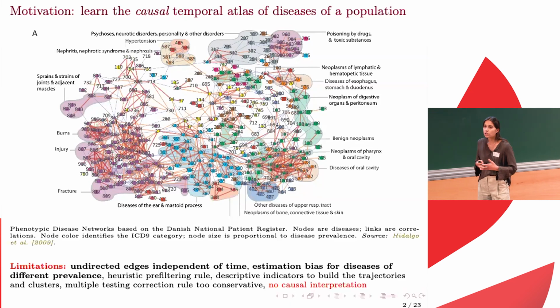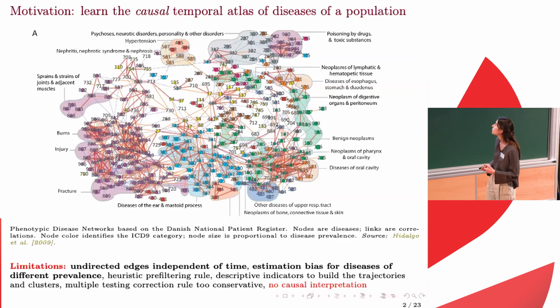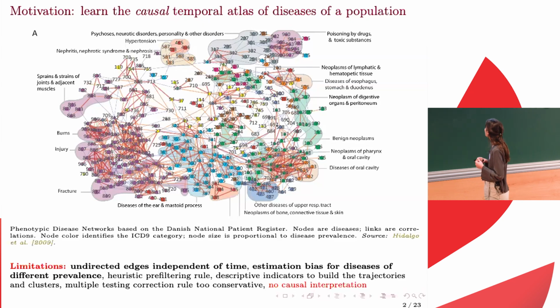There can be some estimation bias for diseases of different prevalence, for instance. And if you look into the statistical methods used to output such an estimation of the graph, you can see that they use some descriptive indicators to build the trajectories and the specific clusters that you can see.